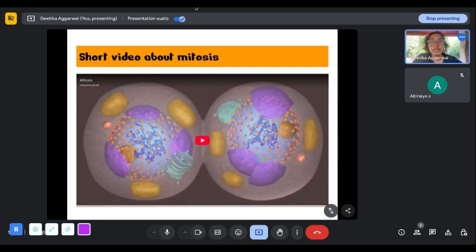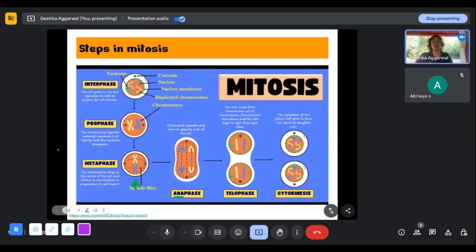So this video explained how mitosis really happens and what happens during the different stages. So as mentioned, during the prophase, the chromosomes condense, the nuclear membrane and the nucleolus disappear, and spindle fibers start forming from these two structures called centrioles. During metaphase, these spindle fibers attach to the kinetochores, which are present on the centromeres of the chromatids, and these chromatids arrange on the equatorial plate.